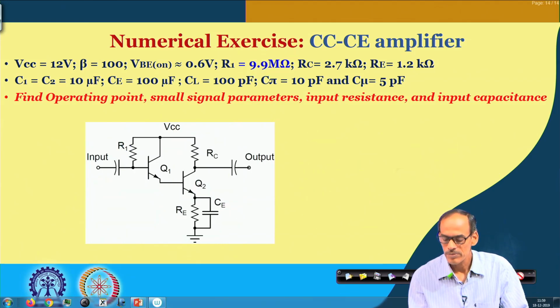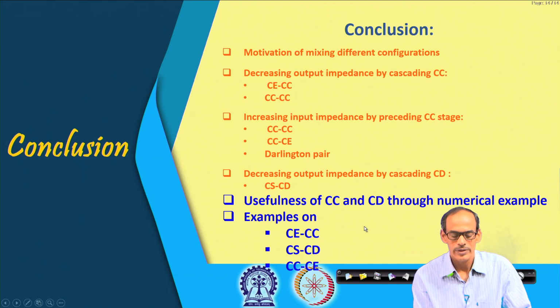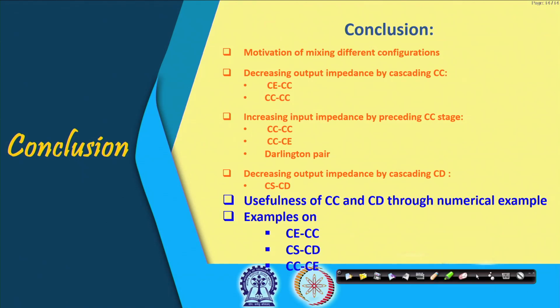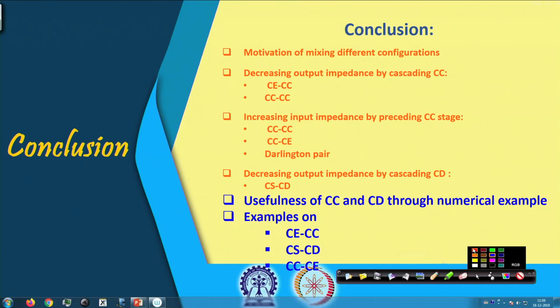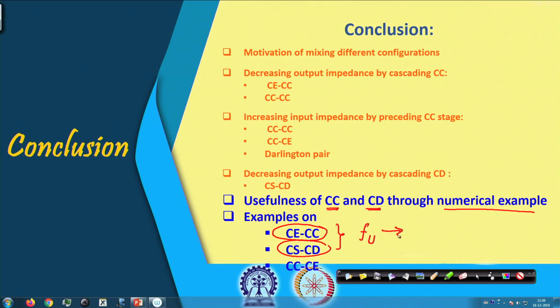Let me then summarize. Most of the things we planned, we have covered here. In this session, what we have learned is the usefulness of the common collector and common drain, and we have demonstrated through numerical examples, by considering CE and CC together, and CS and CD together, to enhance the bandwidth, with the upper cutoff frequency increasing by a factor of as high as 10 or more.